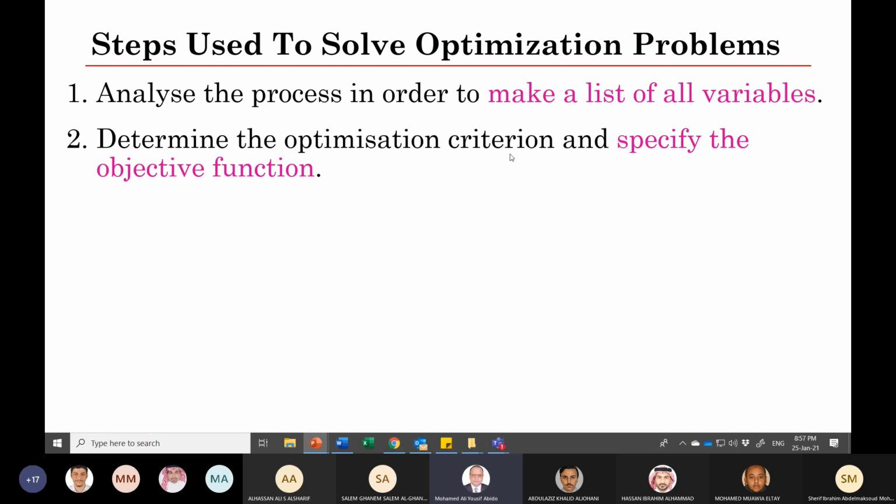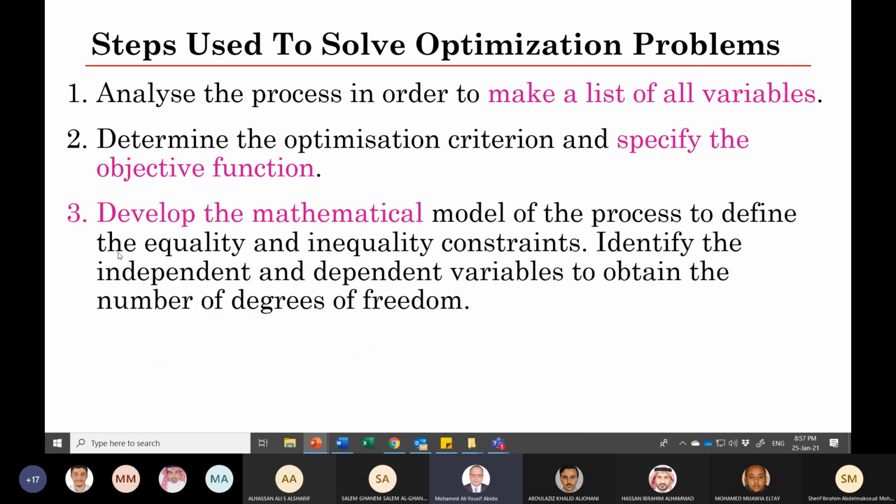Determine the optimization criteria, the objective function, and specify the objective function. Okay, and then you develop the mathematical model of the process to define the equality and inequality constraints. Okay, do you have any question?